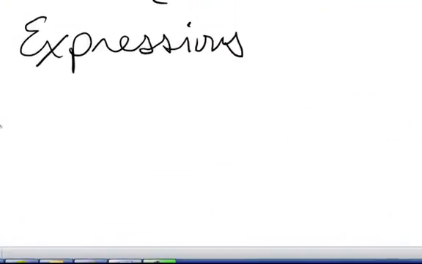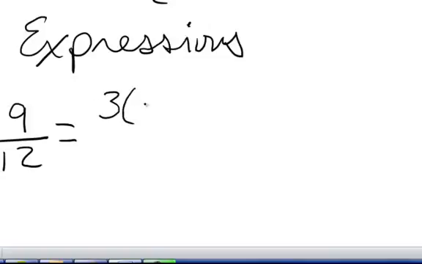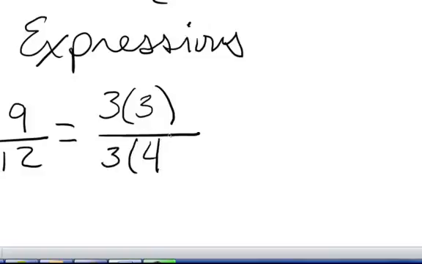For example, if we looked at the fraction 9/12, well, this fraction can be reduced. How would we do it? Well, many of you can just reduce this in your head, and you don't really think about the process. But one way of thinking about this is I'm going to write the number 9 in terms of a couple of its factors, and I choose to write it as the factor 3 times the factor 3, all over the factor 3 times the factor 4.